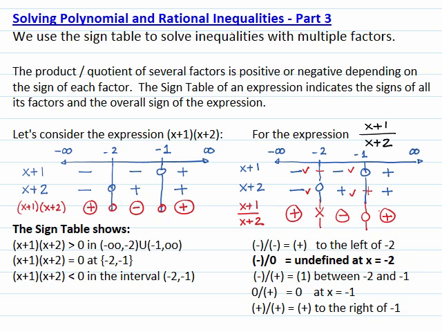So we have to be very careful when we have quotients of factors, because division by 0 is undefined, but 0 divided by a non-zero quantity is equal to 0.